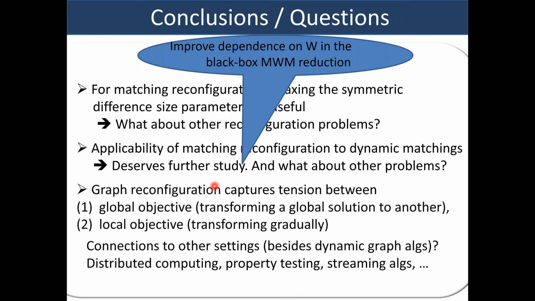Finally, graph reconfiguration captures an inherent tension between two somewhat contradictory objectives.